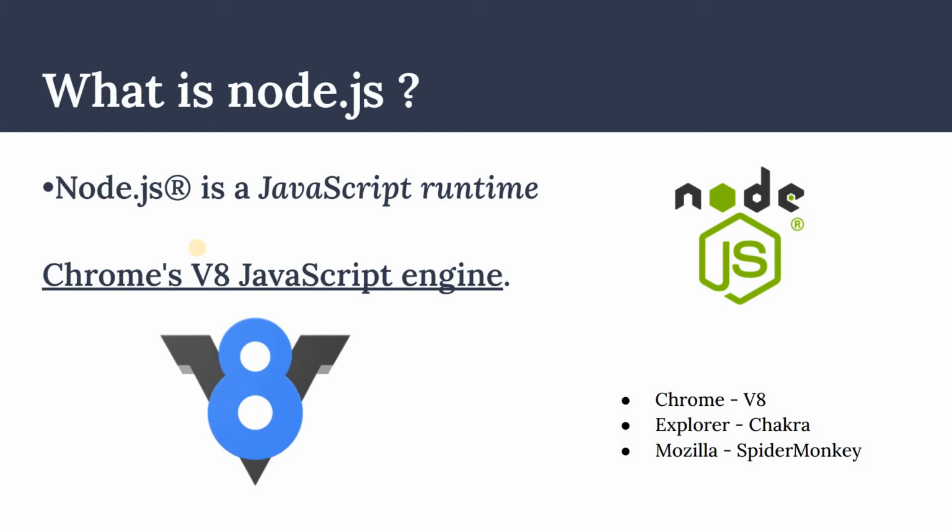Why? Because browsers are capable enough to run the JavaScript code. What I mean by this, every single browser has got its own JavaScript engine inbuilt. For example, Chrome has got its own JavaScript engine called V8. Internet Explorer has its own JavaScript engine called Chakra. Mozilla has got its own called SpiderMonkey, right? So because your browser itself has got the JavaScript engine, that's why we don't explicitly install the JavaScript engine in our system.